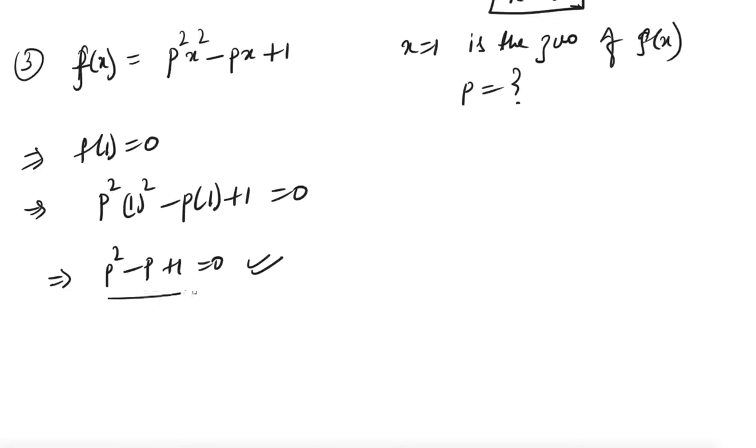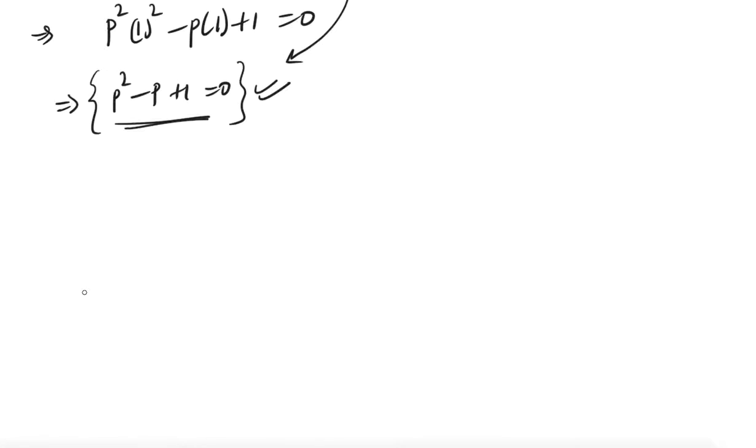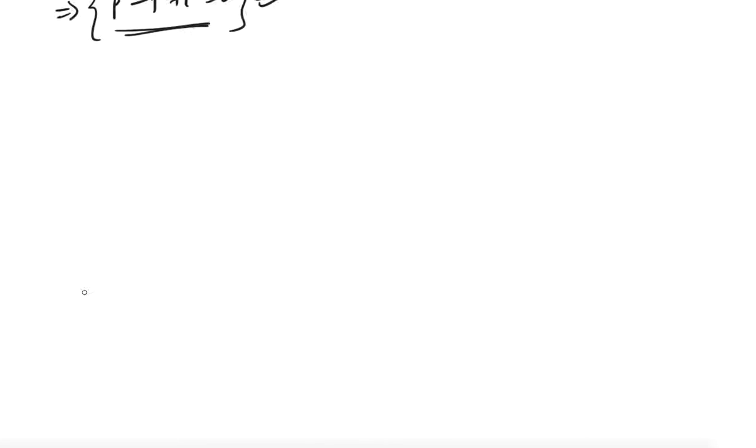We'll see later how to solve a quadratic equation, but I just wanted to tell you that you may expect such types of questions also, in which the solution itself will be a quadratic. So whatever values of p you get, those are the answer for this question. Is this clear?